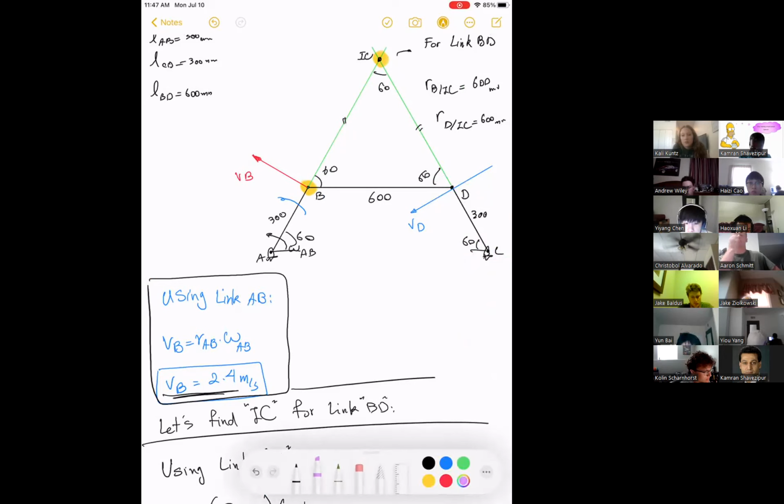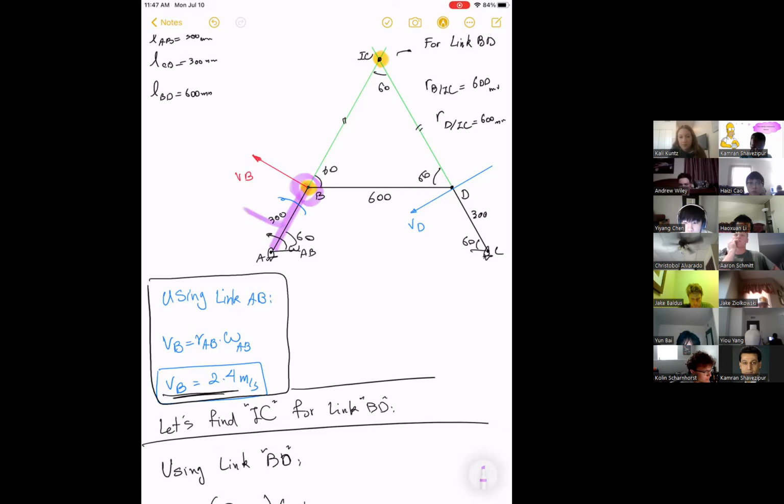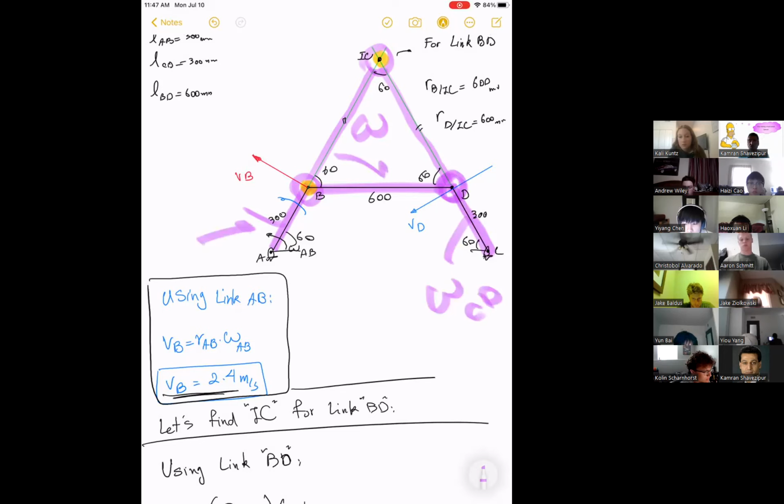I had information about link AB, right? I found velocity of B from AB. Then I said, okay, B is a part of BD. I found IC, and from this radius, found omega. Then I said, if I have omega, I can find velocity of D from this radius, right? And when I found this velocity, I said, okay, D is a part of CD, and I found omega CD. So you go from one point and transfer information from one link to another. Does that make sense?